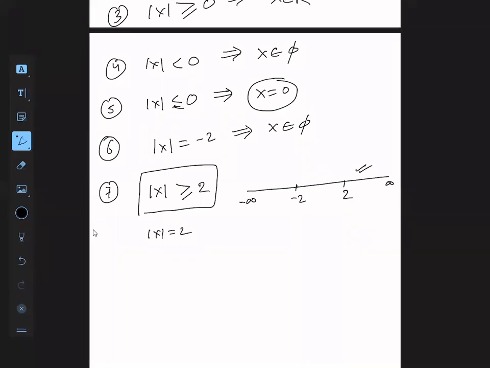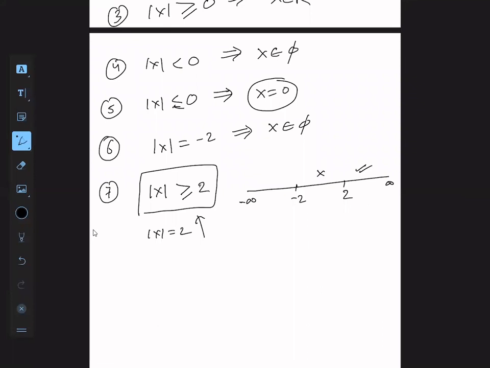So this whole interval 2 to infinity will satisfy it. Now between minus 2 and 2, let's say x is equal to 0. If you put x equal to 0 here, then 0 greater than or equal to 2 comes out, which is not true.